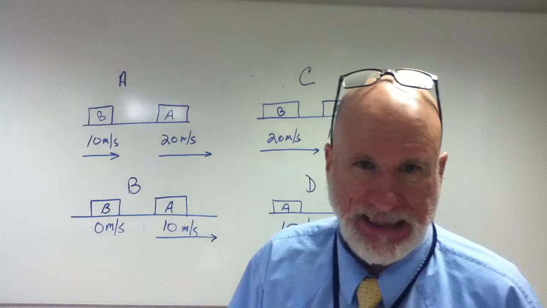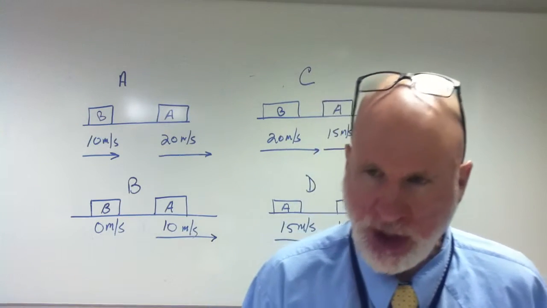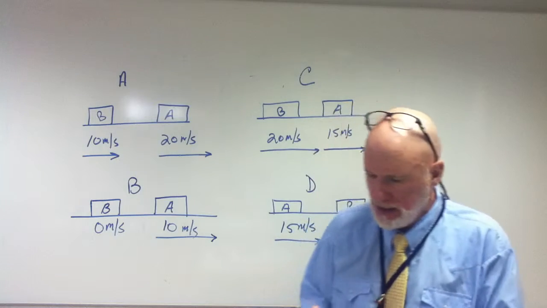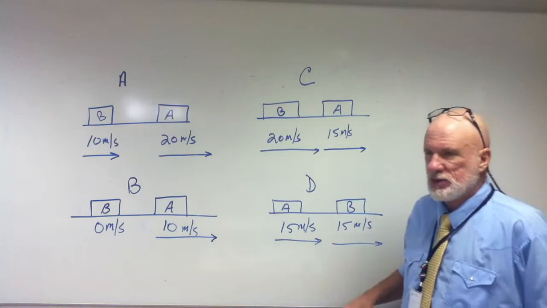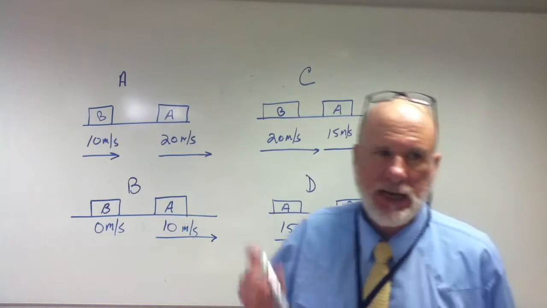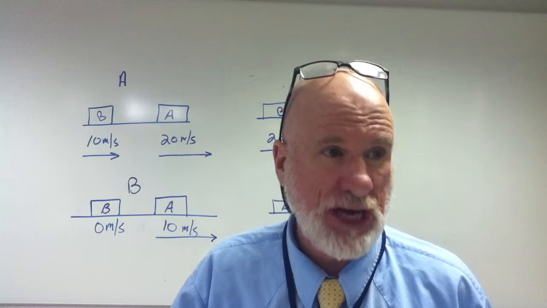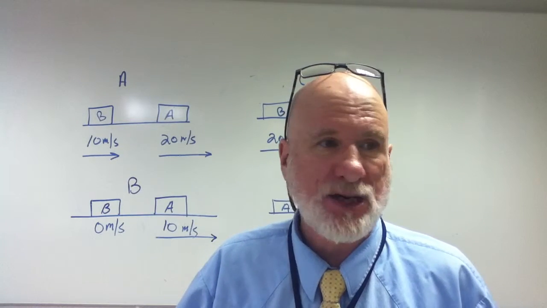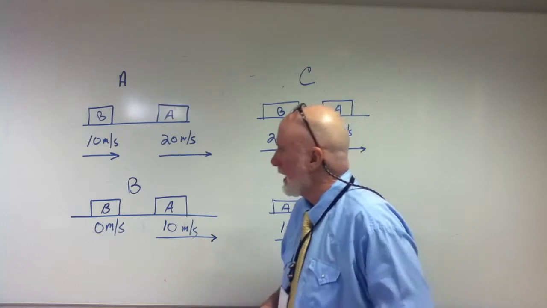It says in the problem to rank them in terms of the most positive to the most negative in terms of change in velocity. What has the greatest positive change in velocity? So, you've got to look at them.